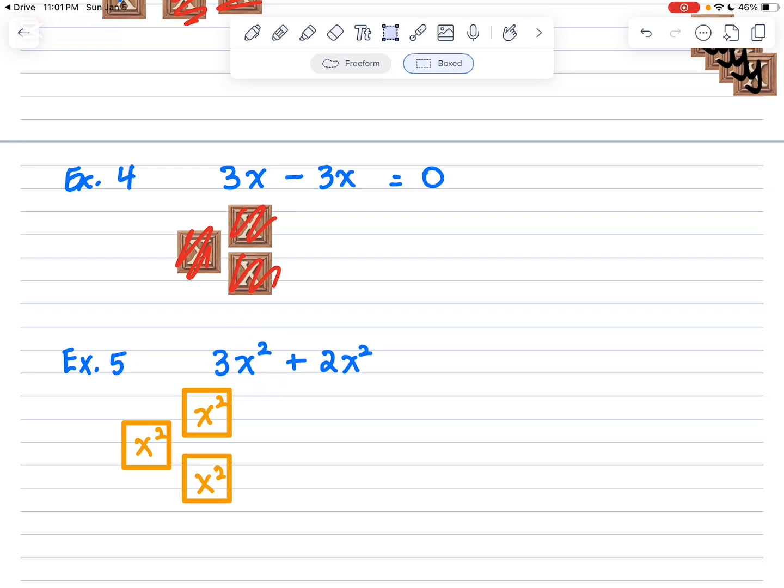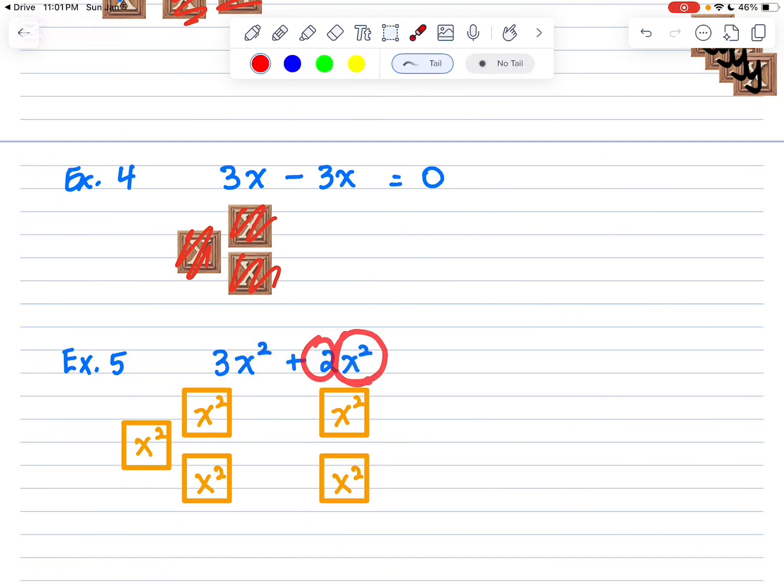Now I'm going to add 2 of those tiles. So let me just duplicate this. And that's what this 2x squared means. I have 2 of this tile. If I add them, I'm combining it all. What should I get? Okay, so now if I look at my picture, 1, 2, 3, 4, 5. I have 5, but 5 what?